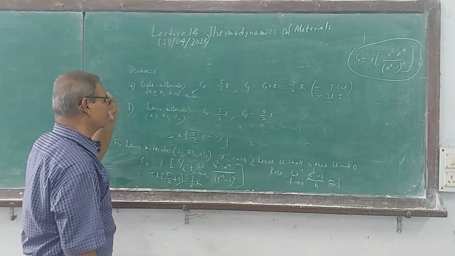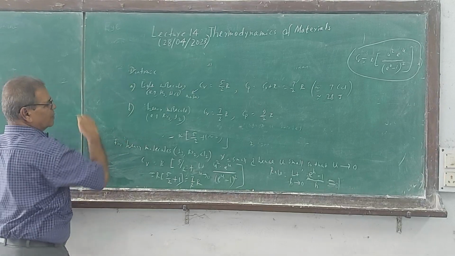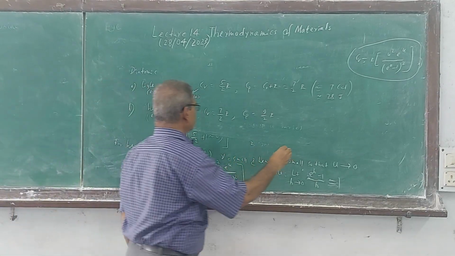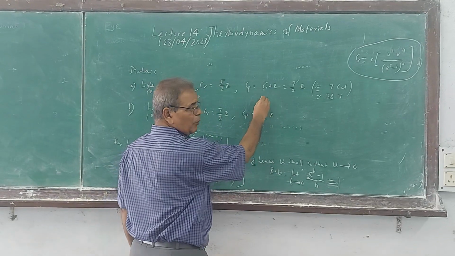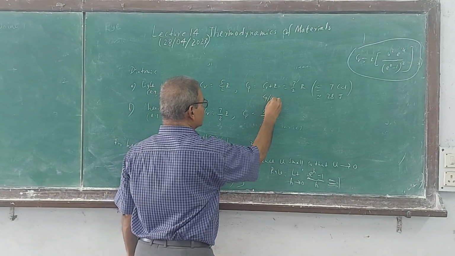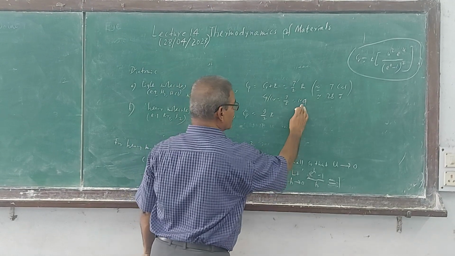Another thing I forgot, this is easy to follow. Cp by Cv is known as gamma. For the light molecule, Cp by Cv is 7 by 5, which is 1.4.